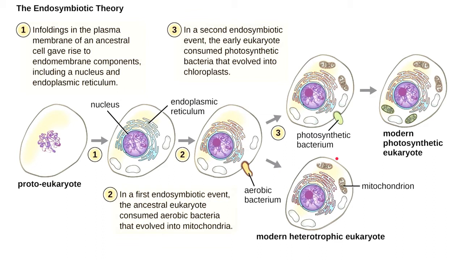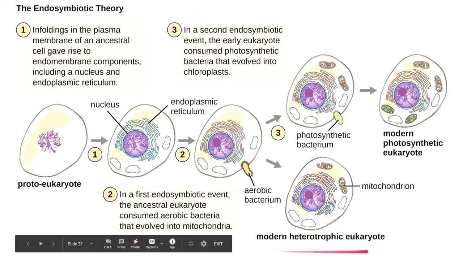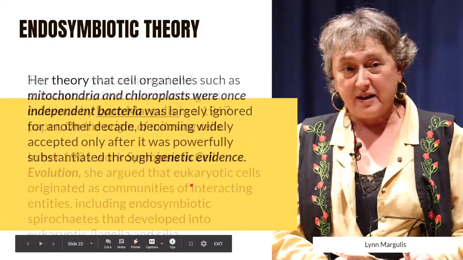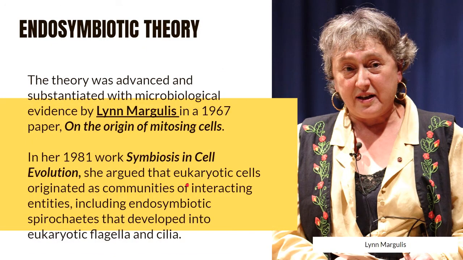They benefit each other from their relationship. This is not predation; this is a symbiotic relationship because they are living with each other. She says that eukaryotic cells are communities of interacting entities, including endosymbiotic spirochetes, which eventually developed into eukaryotic flagella and cilia.